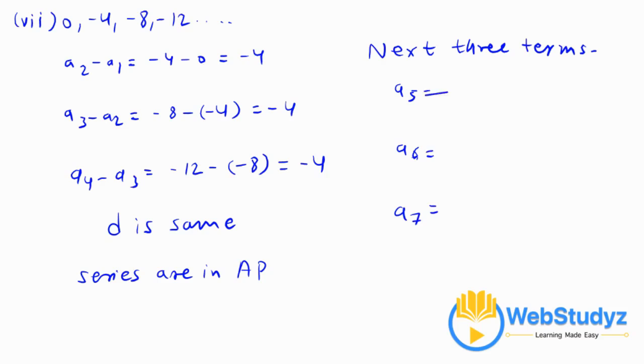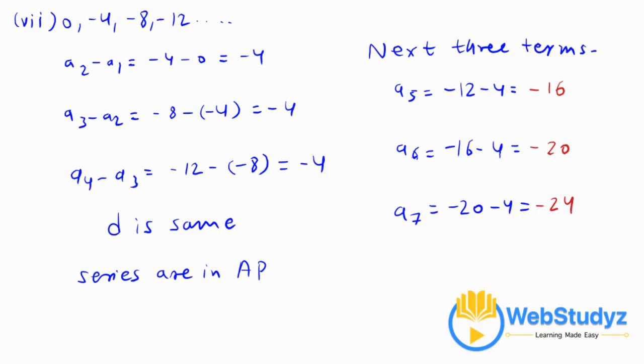So calculating the A5, A5 will be minus 12 minus 4, which gives us the value as minus 16. Similarly, A6 will be minus 16 minus 4, which gives us the value as minus 20. And A7 will be minus 20 minus 4, which gives us the value as minus 24.